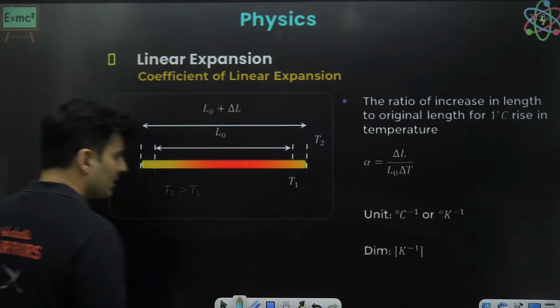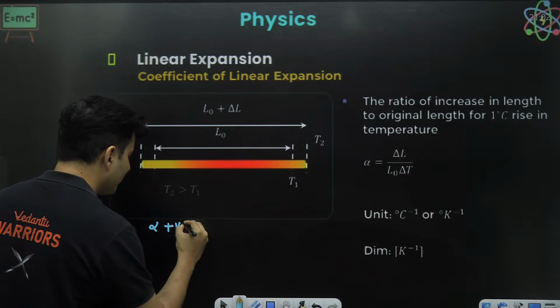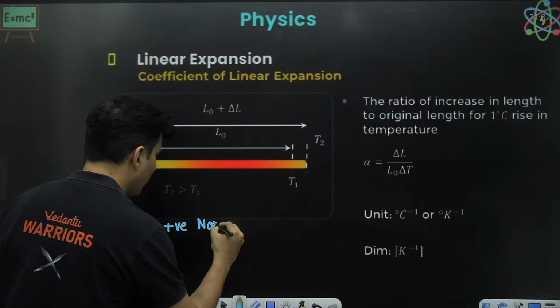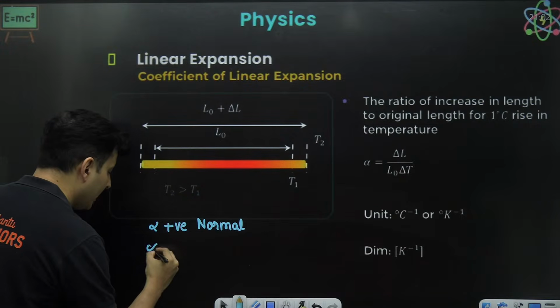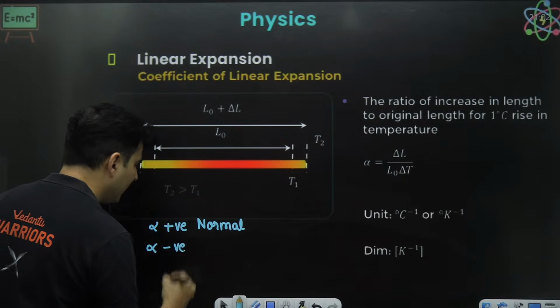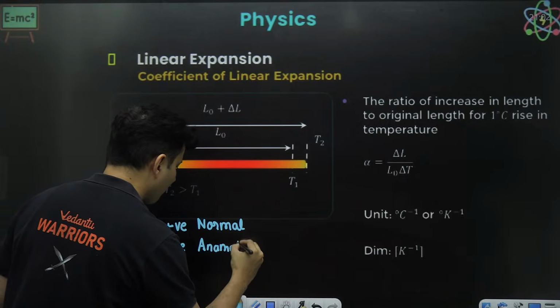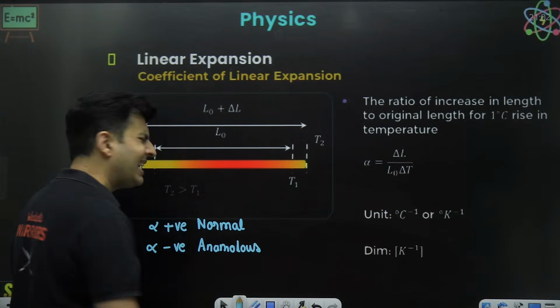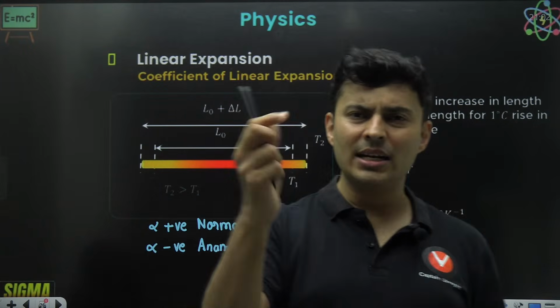Few more things just for your sake. Alpha, if it is positive, it is a normal behavior. But if alpha is negative, it is anomalous behavior. Like water between 0 to 4 degrees Celsius or plastic, when you heat it, it contracts.